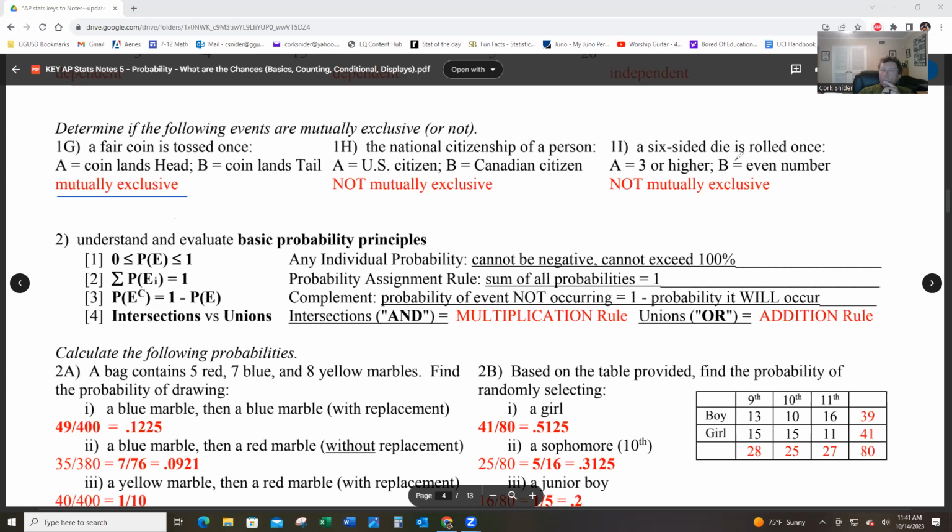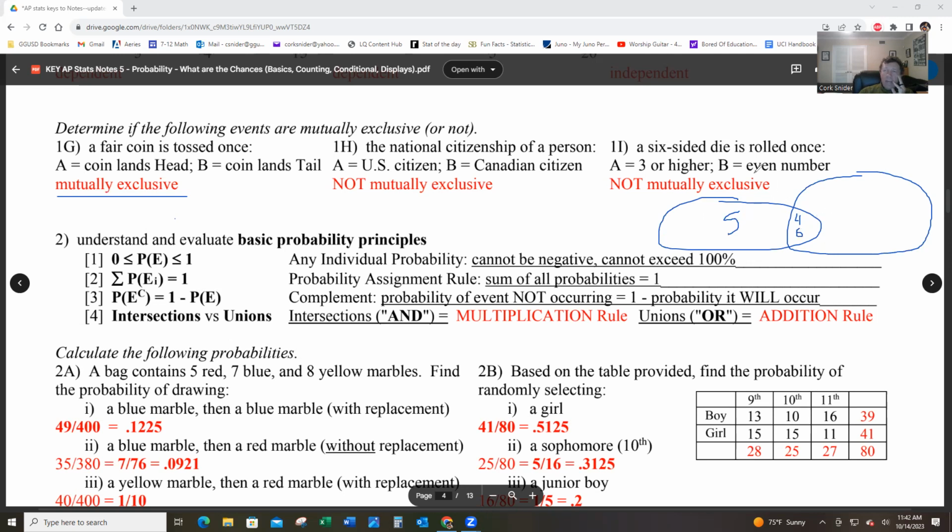Okay. Now, can you get a 3 or higher on a 6-sided die and an even number at the same time? You can. So let's make a Venn diagram of this. And if there is intersection at all, then they are not mutually exclusive. So a 6-sided die, a 3 or higher, is a 4, a 5, or a 6, correct?